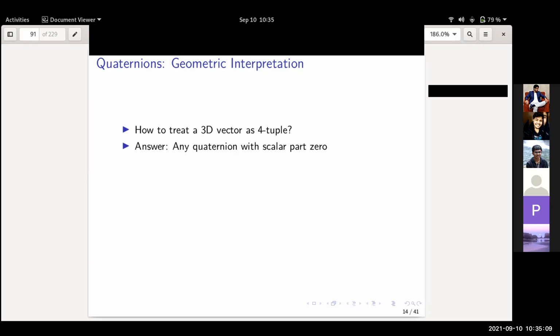The answer is this one. This has been worked out after long proofs, but we will simply state the answer: if you set the scalar part of the quaternion to 0, then the set of vectors in which the scalar part is 0 has a one-to-one representation with the three-dimensional system.